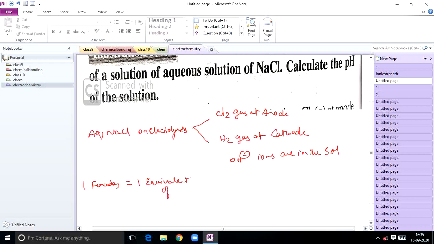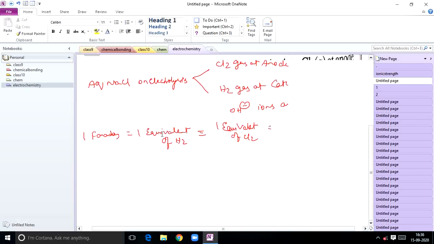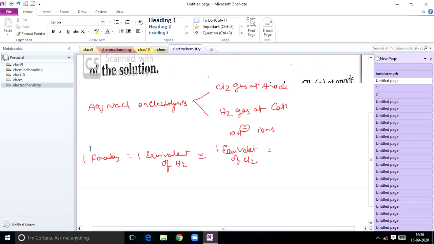Remember that 1 Faraday is equal to 1 equivalent of hydrogen gas, that is equal to 1 equivalent of chlorine, that is equal to, in terms of gram equivalents, this is called the law of gram equivalents, 1 equivalent of OH minus ions. 1 Faraday, 1 equivalent of chlorine is equal to, what will you write here? 1 equivalent of OH minus ions.